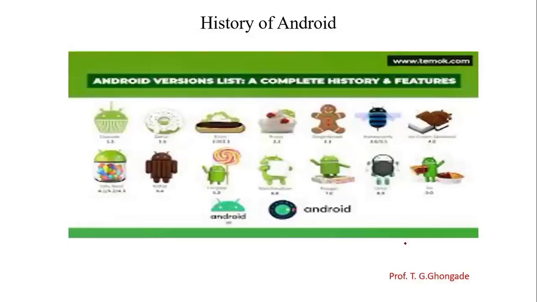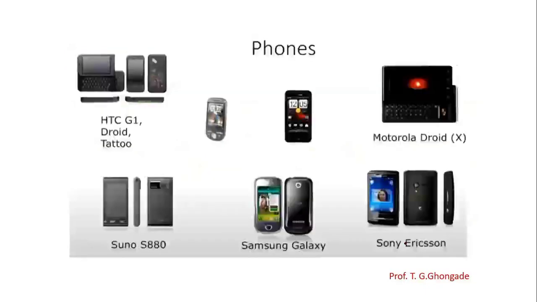Here I have put another image so that you can get a clear idea of what is going on. As we know, Android is everywhere. These are the mobile phones from different companies, and these mobile phones are using the Android operating system. For example, HTC G1, Motorola, Sony Ericsson, Samsung Galaxy, Sono S880.